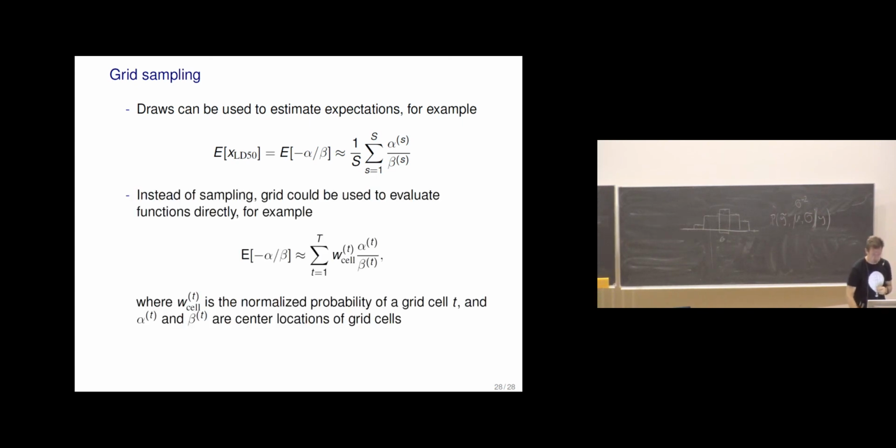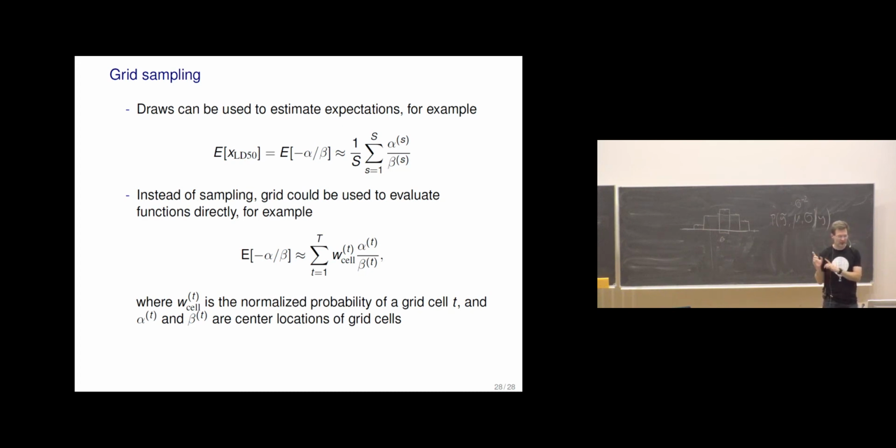It is also possible that instead of having this additional sampling part with these random draws, we could use this grid to evaluate functions directly. In that case we would have the index t, just to make a difference to that s.